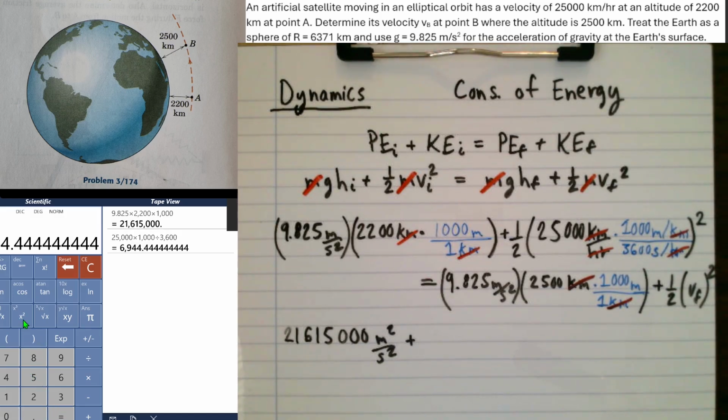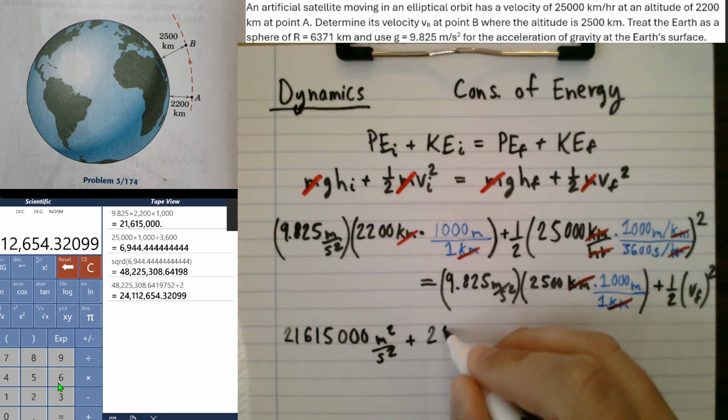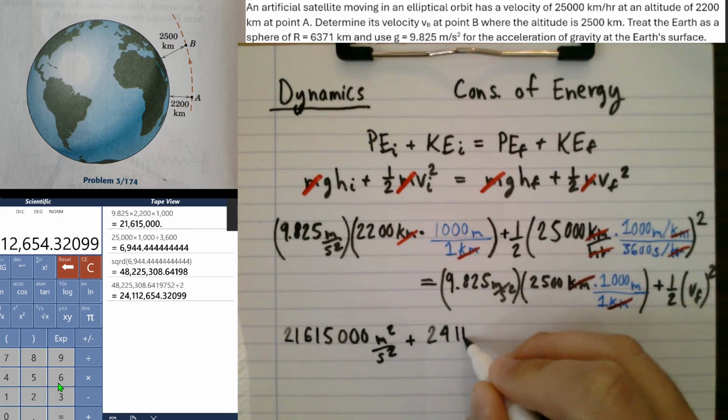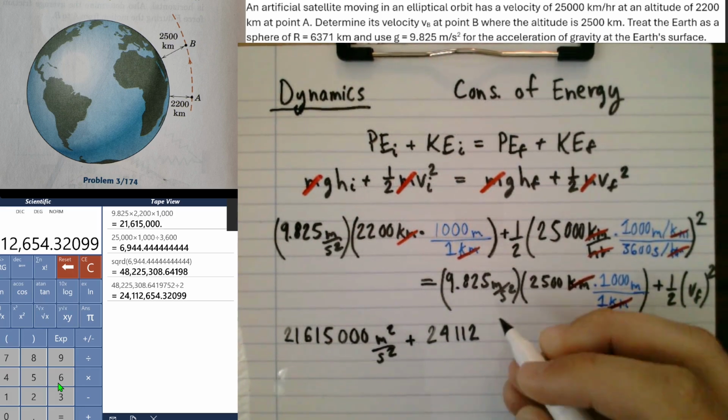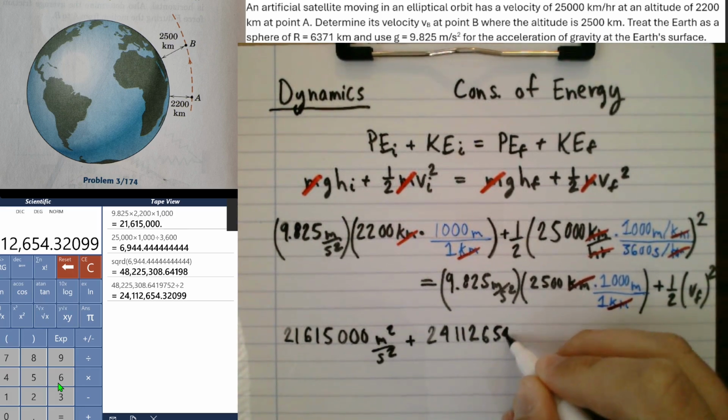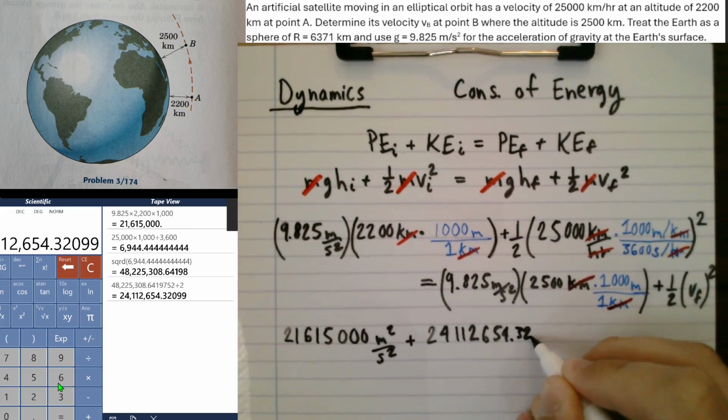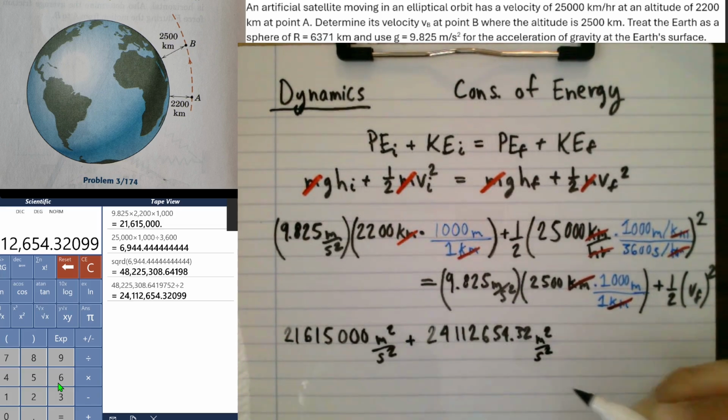We then square that and then multiply it by 1/2, so divide by 2, and we get 24,112,654.32 meters squared per second squared.